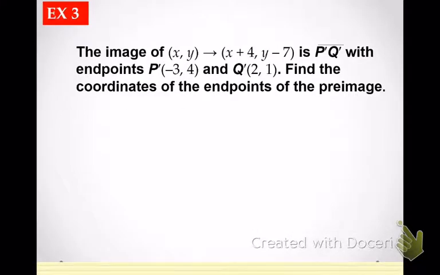Now we can work backwards from an image to the preimage. And here's one way we can do that. So if the image of this translation rule is the segment P prime, Q prime with endpoints P prime, we'll try to make this as accurate as we possibly can.